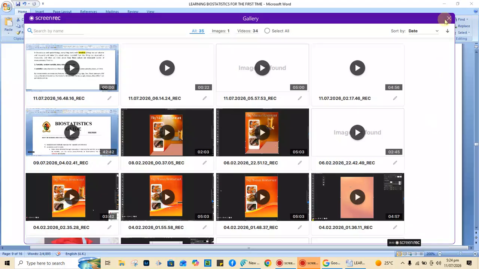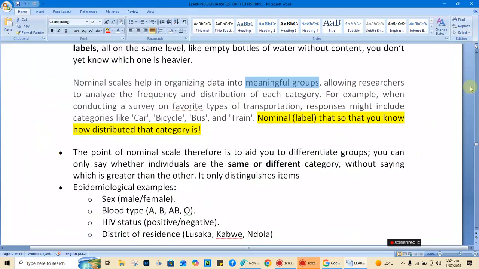Okay. Anyways, so we were saying that the meaningful groups just help you to put data into meaningful groups, before you start assigning data into those categories.